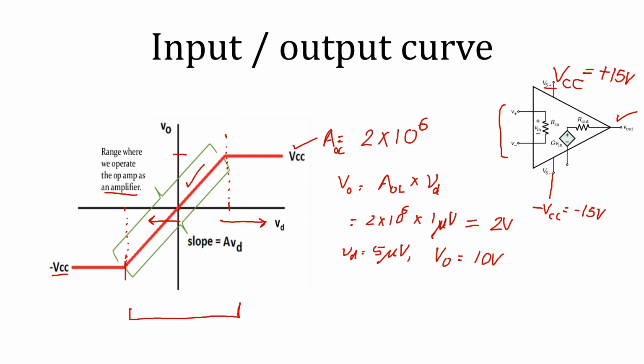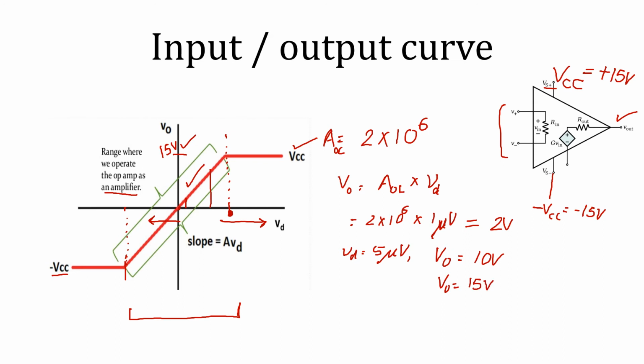At 1 microvolt we have 2 volt, at 5 microvolt we have 10 volt. Since the maximum output we can get is 15 volt, can you calculate what is the value of VD when we are able to get an output of 15 volt?